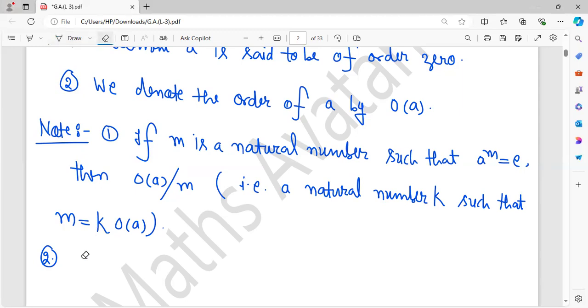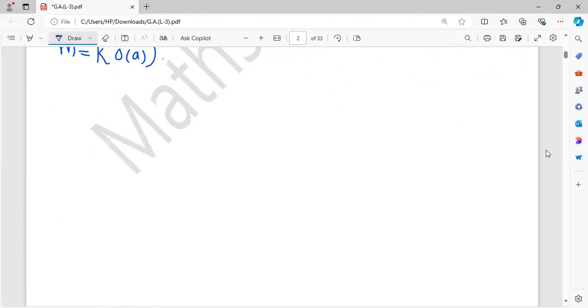Suppose m is equal to k times order of a.